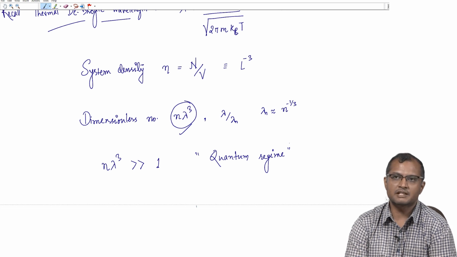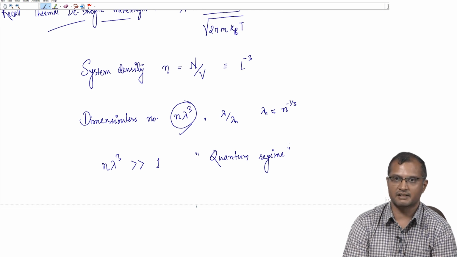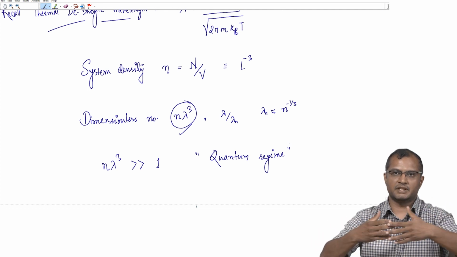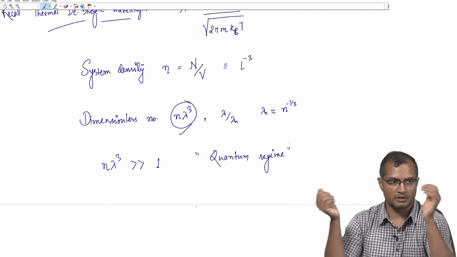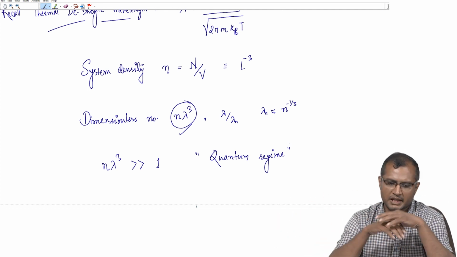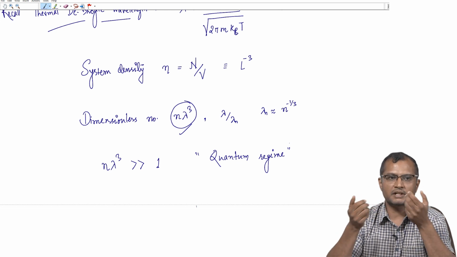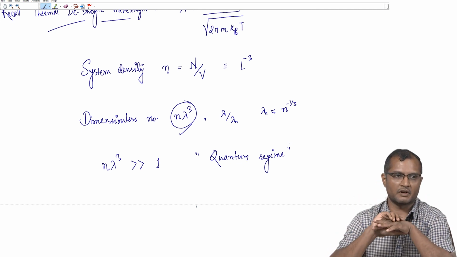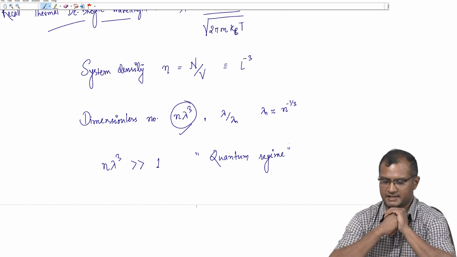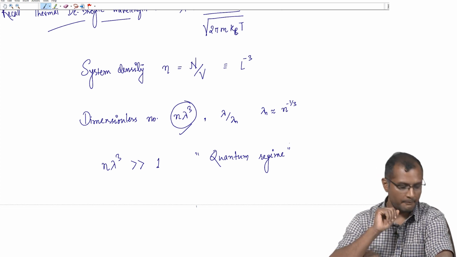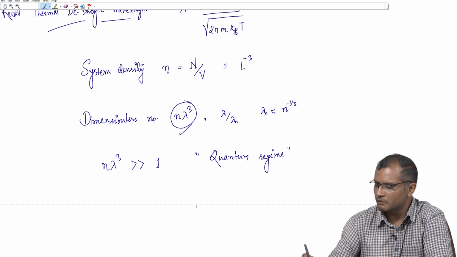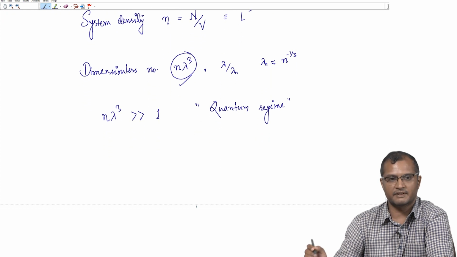Because lambda being large means my wavelength is getting large, my wave nature of the particles becomes more and more predominant, and density being large means my interparticle separation is also much smaller than the de Broglie wavelength. So, this is definitely a quantum regime, and I will show by calculating numbers that this is definitely the quantum regime.